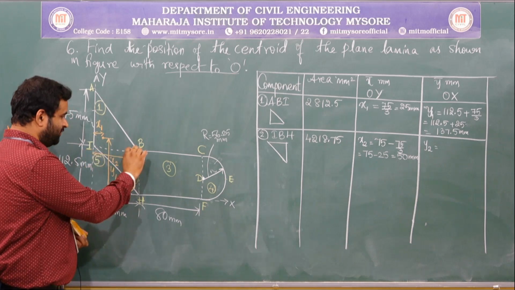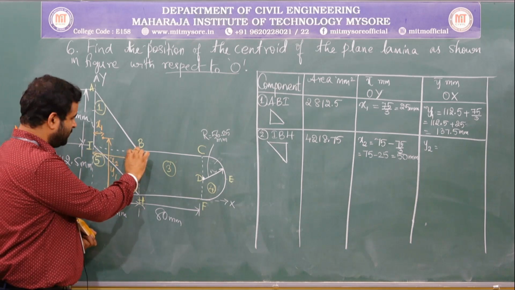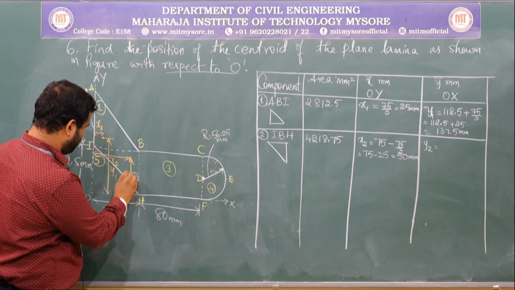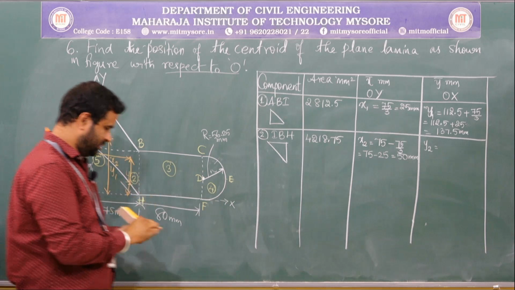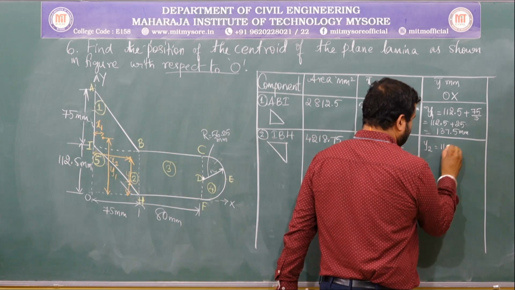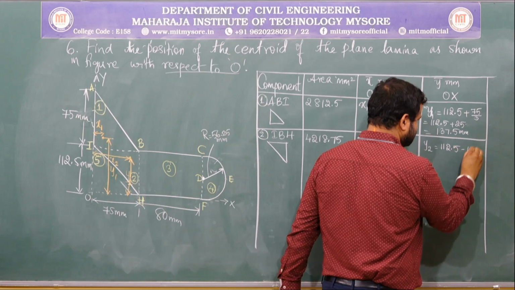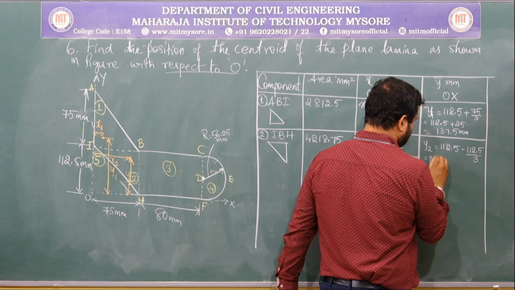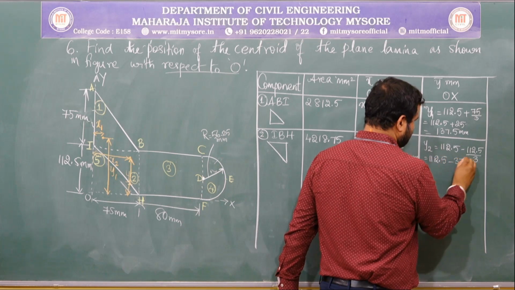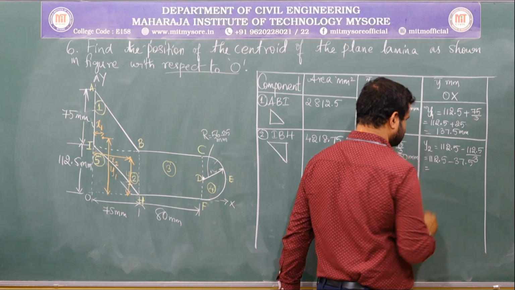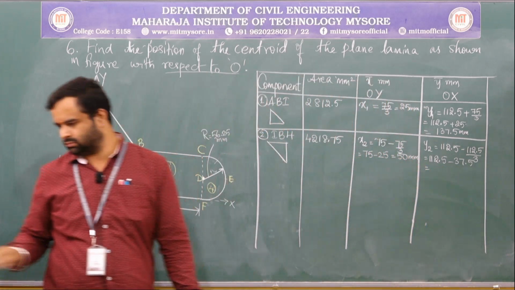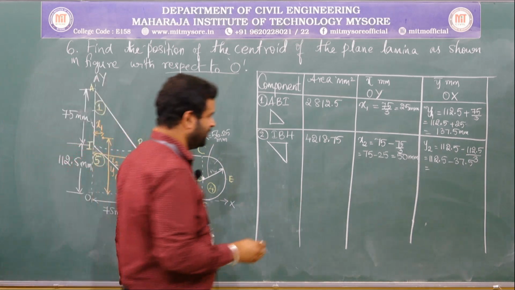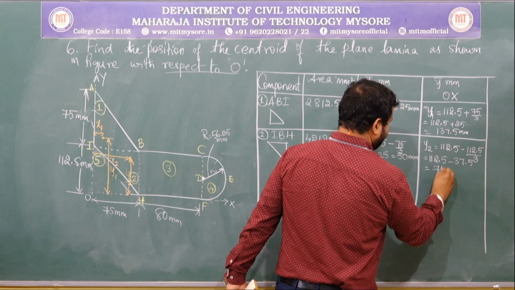If you deduct this value from 112.5, you will get the y2 value, that is equal to 112.5 minus 112.5 by 3, which is 112.5 minus 37.5, which is equal to 75 mm.